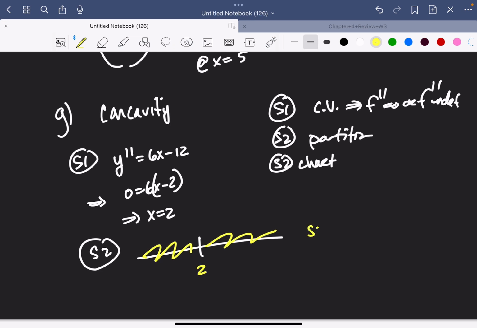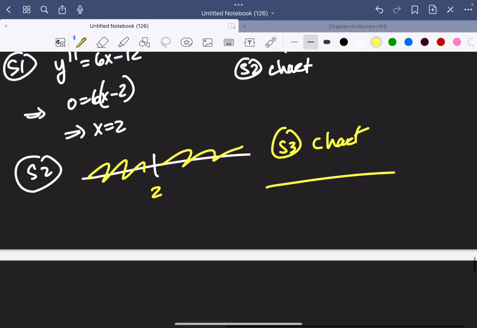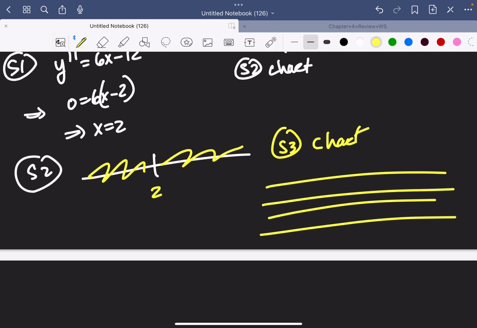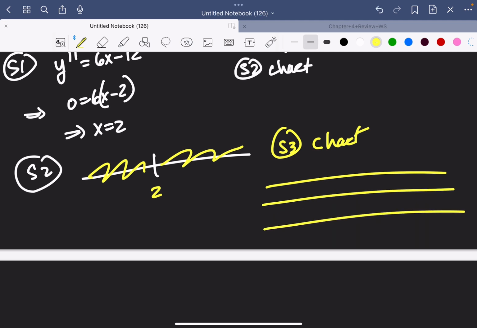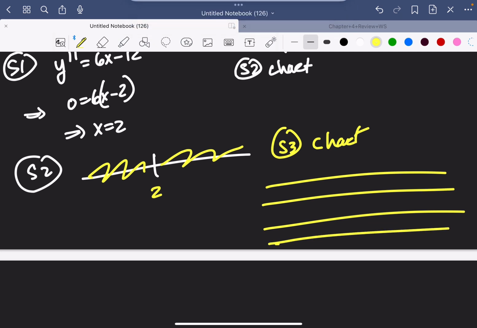And then step 3 is to chart. So on our chart, we're going to have really just two intervals: from negative infinity to 2, and from 2 to infinity.